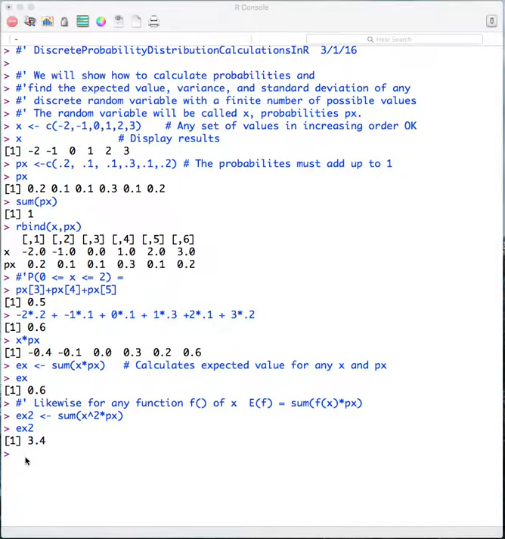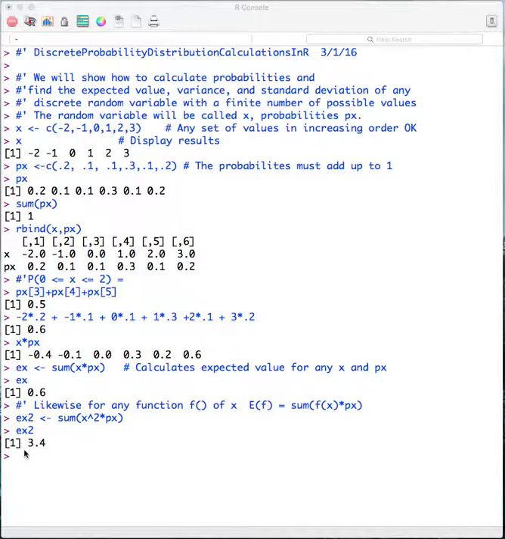Another definition, besides expected value, is something called variance, which measures how spread out data is. The variance of the random variable is the sum of what?